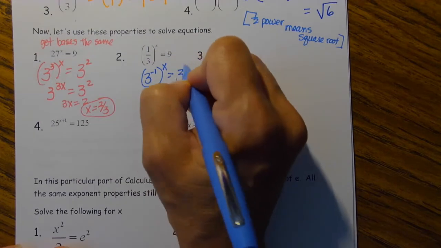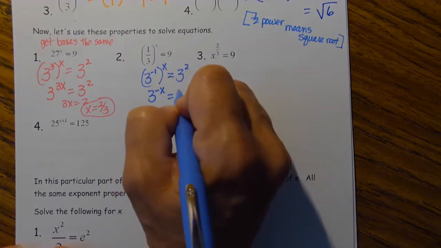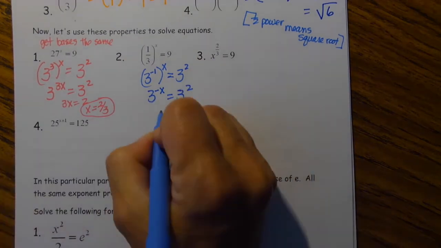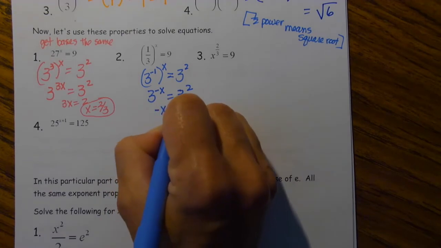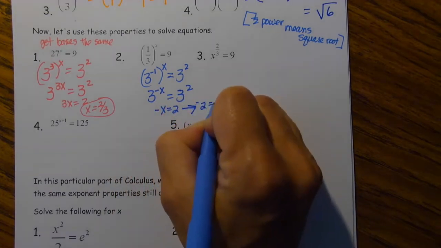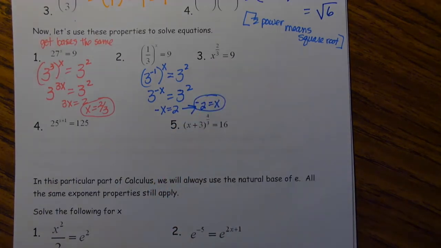And 9 is 3 squared. So here, this is really 3 to the -x equals 3 squared. Bases are the same. There's an equal sign. So -x equals 2. Therefore, x equals -2. I don't know why I wrote it that way.